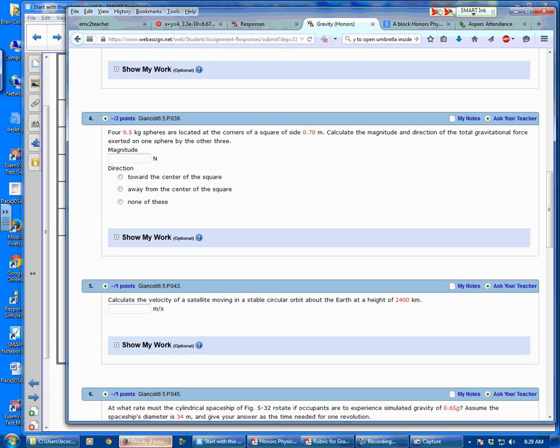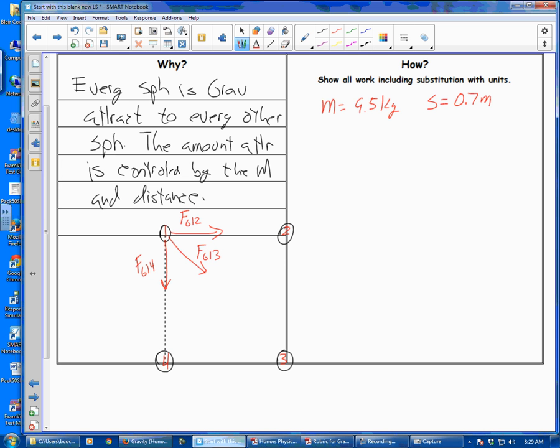Yes. And it doesn't matter which one I do here because they're all going to be in the same situation. Now, this could be a much trickier problem if these masses weren't identical, or if they weren't on a square. Same idea, same concept, but mathematically it would just be trickier.